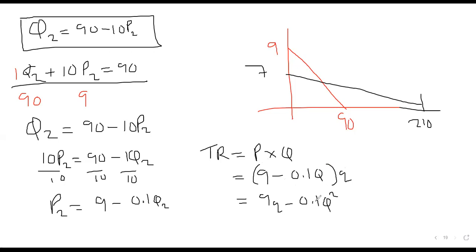I'm removing the 2's down there because sometimes people get confused. I'll put them later on. So when I differentiate the total revenue with respect to quantity, what do I get? 9 minus 0.2 Q. So this is our marginal revenue.